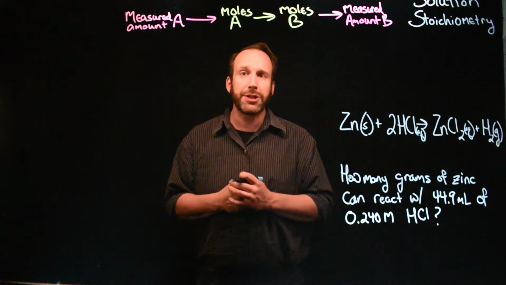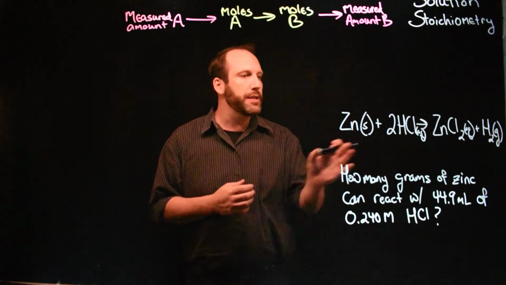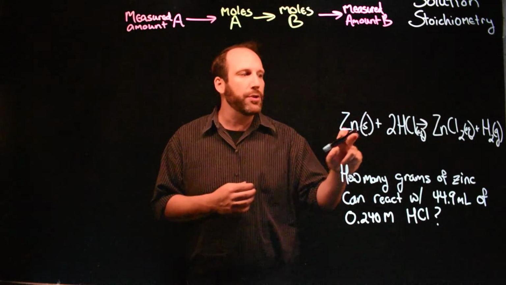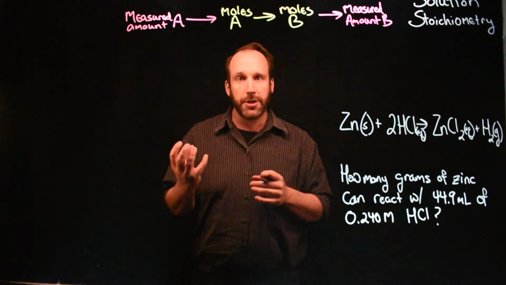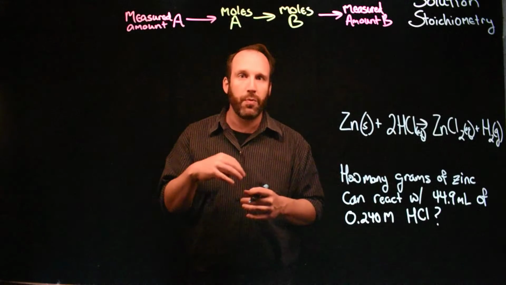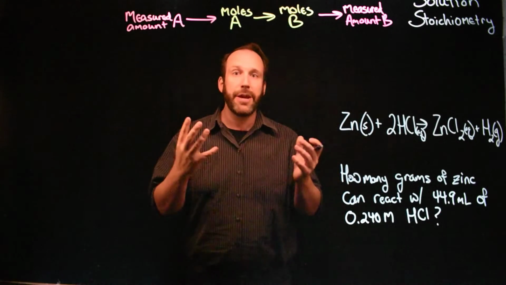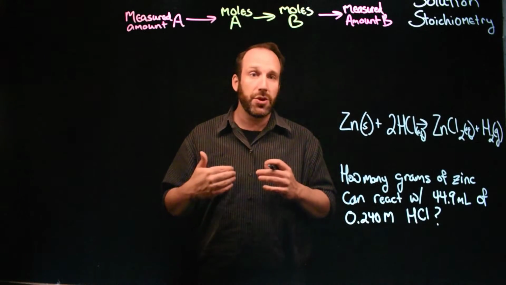The first question in that form is right here. It basically shows you a balanced chemical equation of zinc metal being put into hydrochloric acid. If you take a chunk of zinc and put it into HCl, you get a lot of bubbling and that zinc disappears. Well, that zinc metal is ionized into zinc 2+.